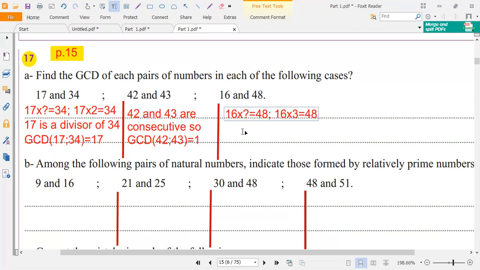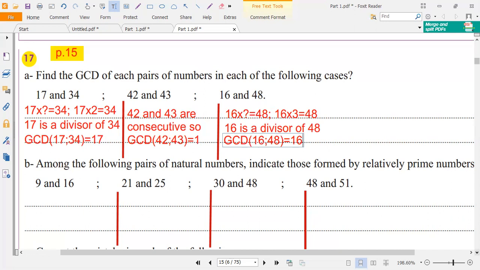So what can we say about 16? 16 is a divisor of 48. In this case, the GCD is equal to the divisor. What is the divisor? It is 16.